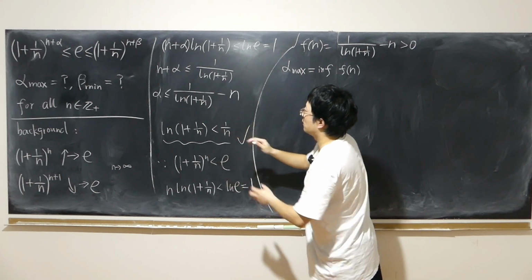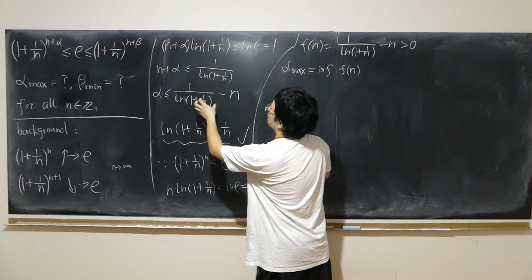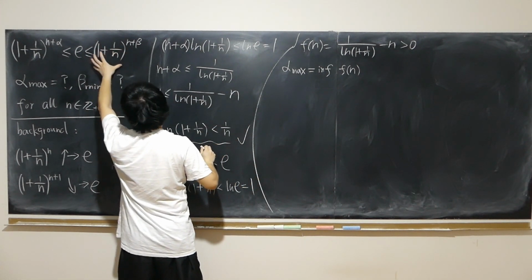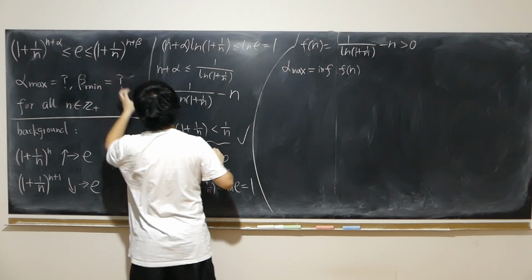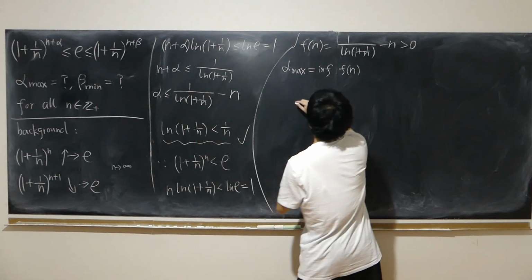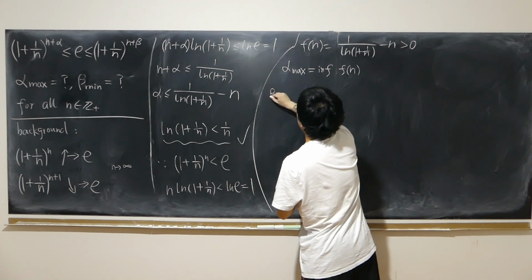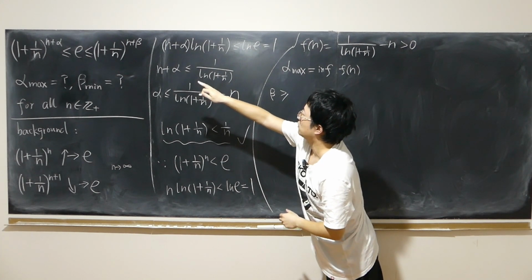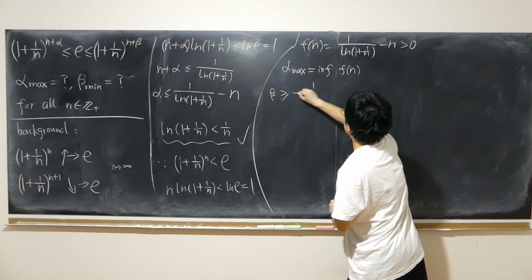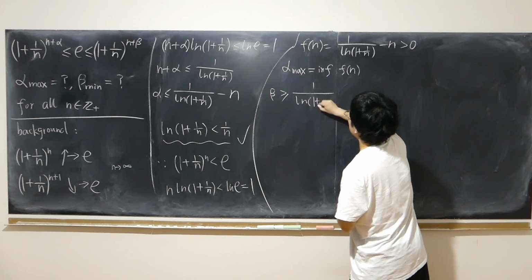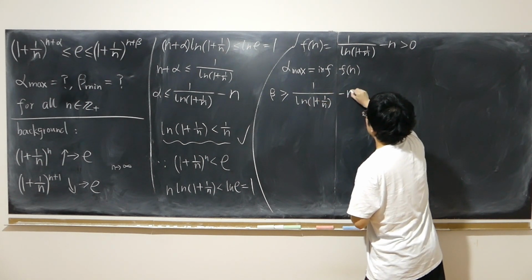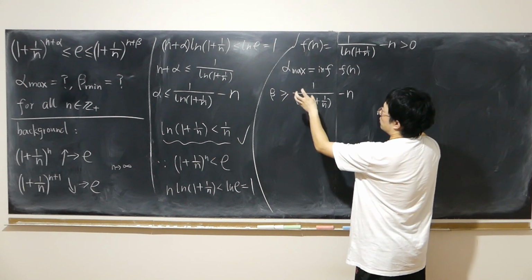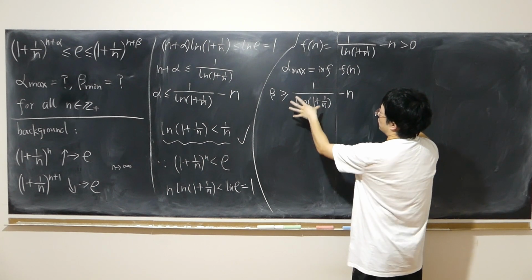So in other words, if I take logarithm on the right hand side, so just change the direction of the inequality. So here I just have to rewrite it into beta is greater than or equal to the same thing. The only difference is the direction. So 1 over log 1 plus 1 over n minus 1. So what's the minimum possible beta that makes this inequality true?